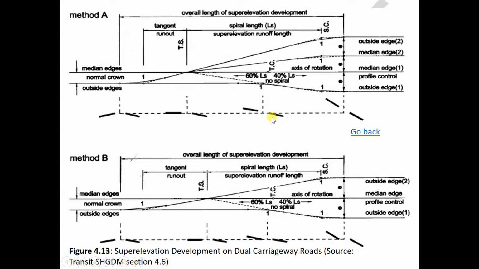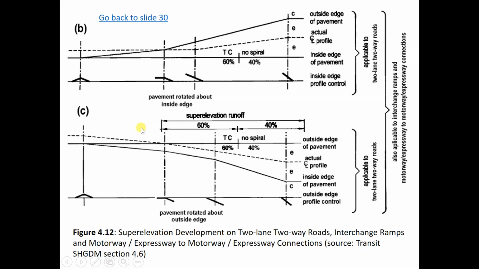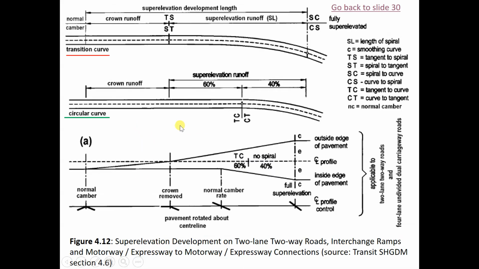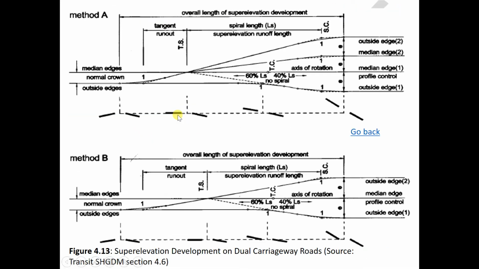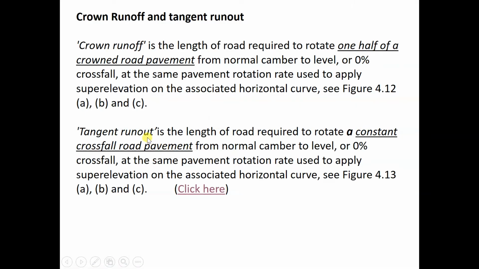So instead of calling it crown runoff, we call it tangent runout.